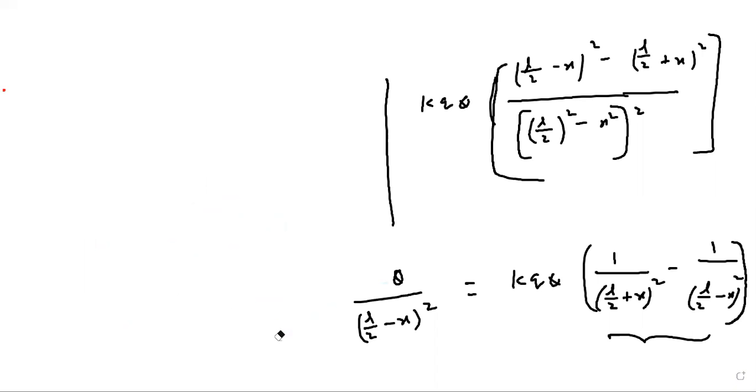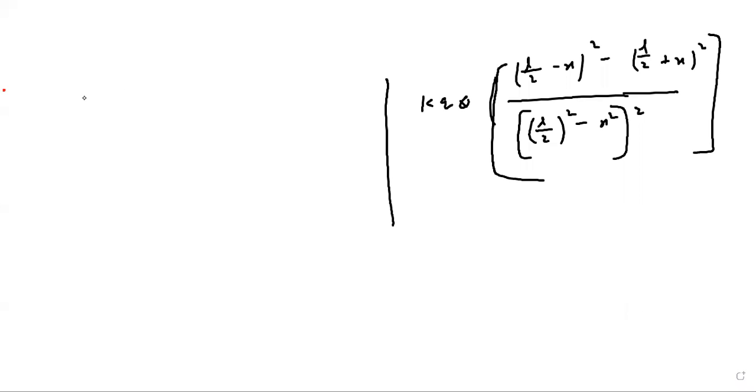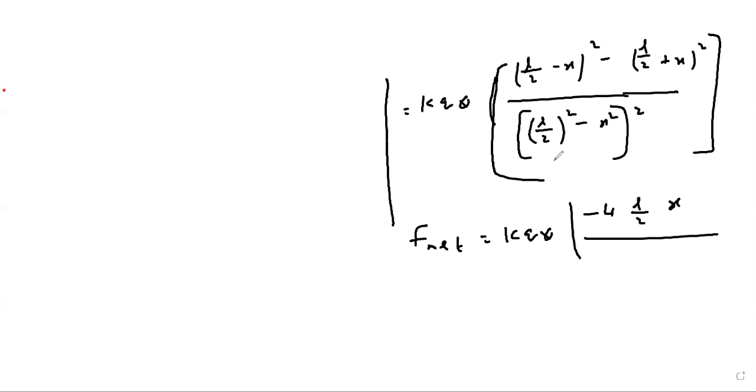Then the numerator is minus 4ab. Then F net is equal to KQq into minus 4ab. What is a? a is L/2. What is b? x. Right? Now what about the denominator?